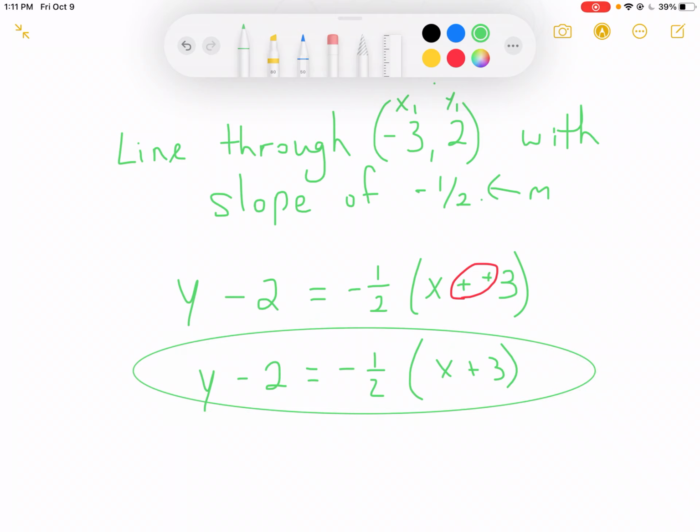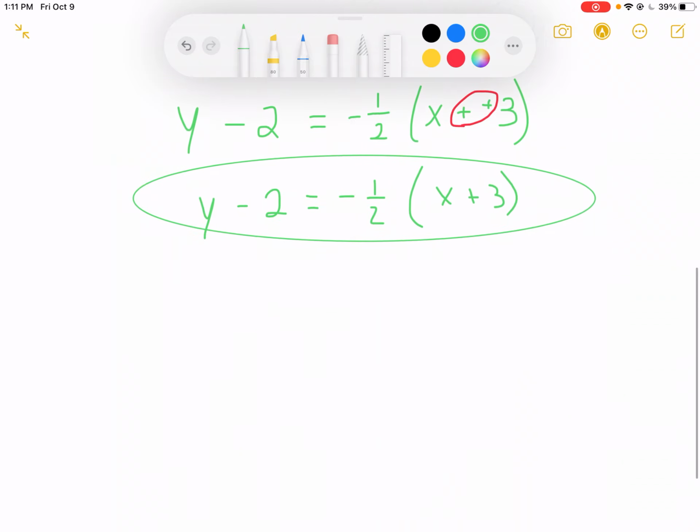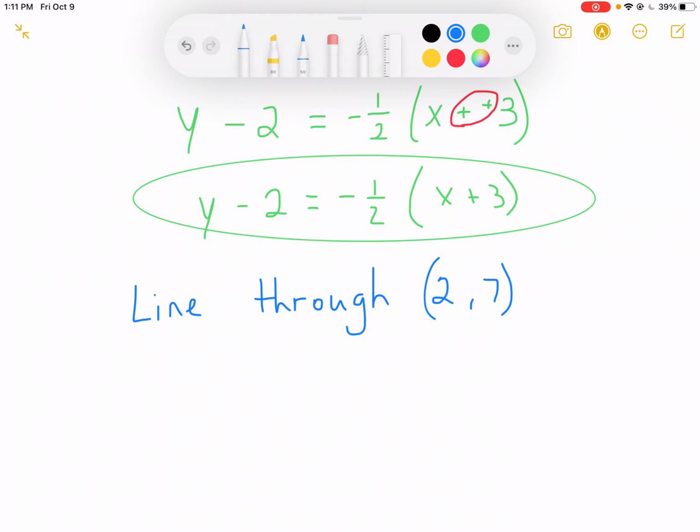So let's look at another one. I have a line through 2, 7 with slope of 6.